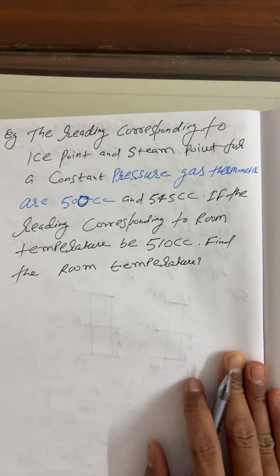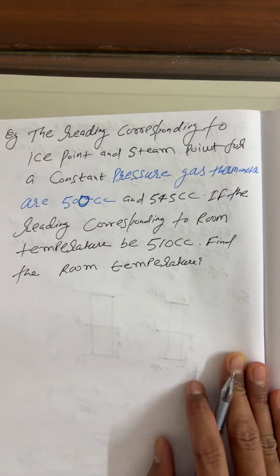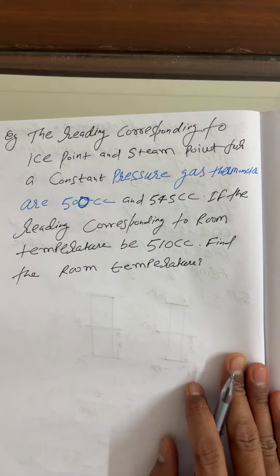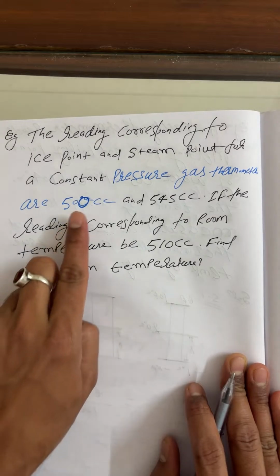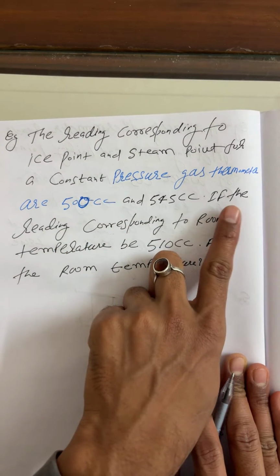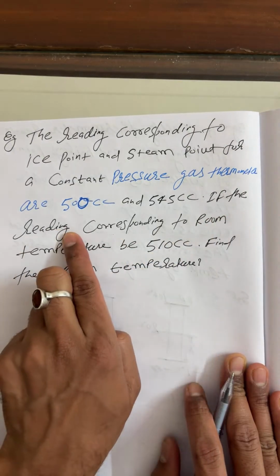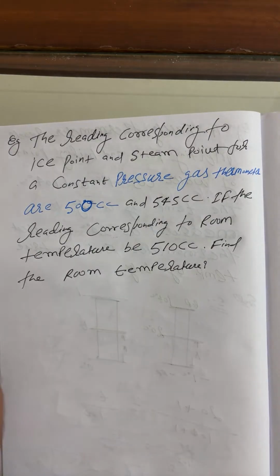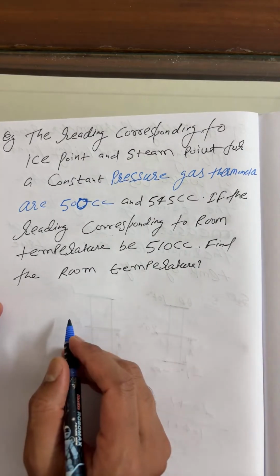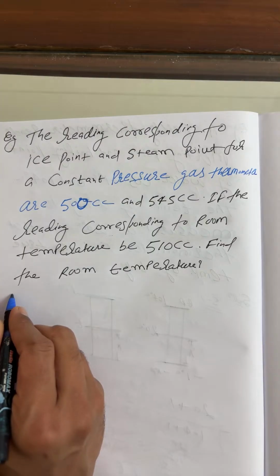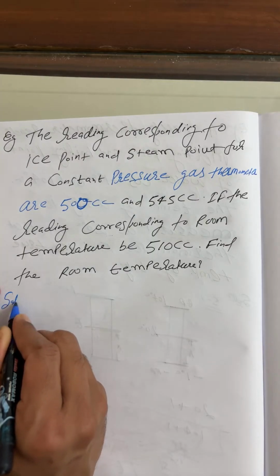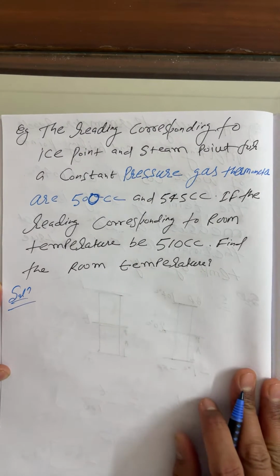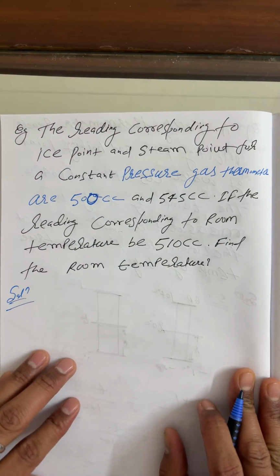The reading corresponding to ice point and steam point for a constant pressure gas thermometer. This is the ice point, this is the steam point. If the reading corresponds to this, find the temperature. Straightforward, just answer me these questions.